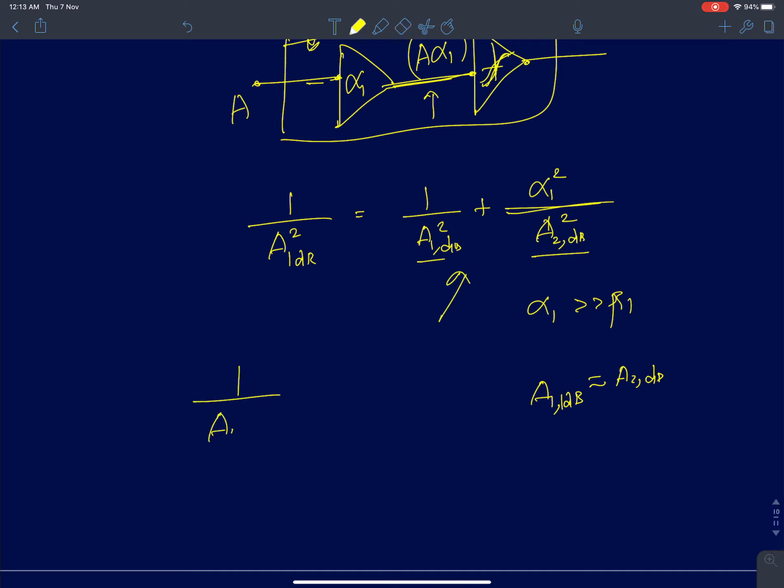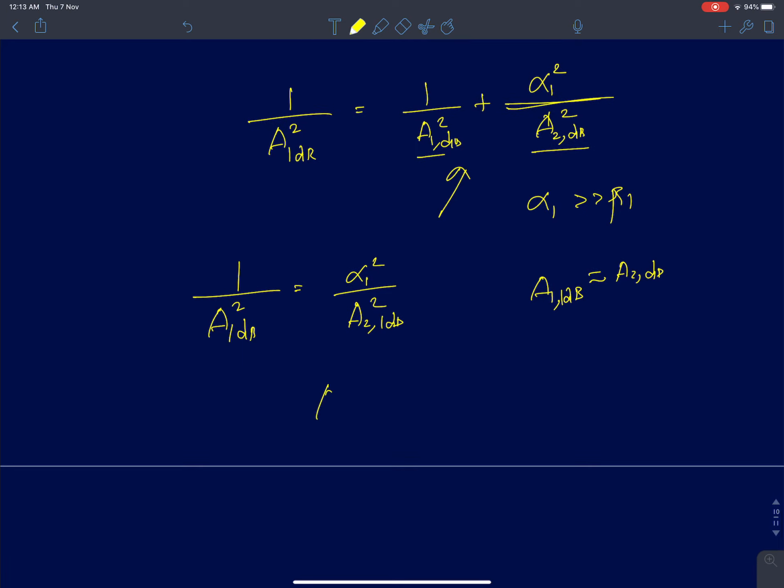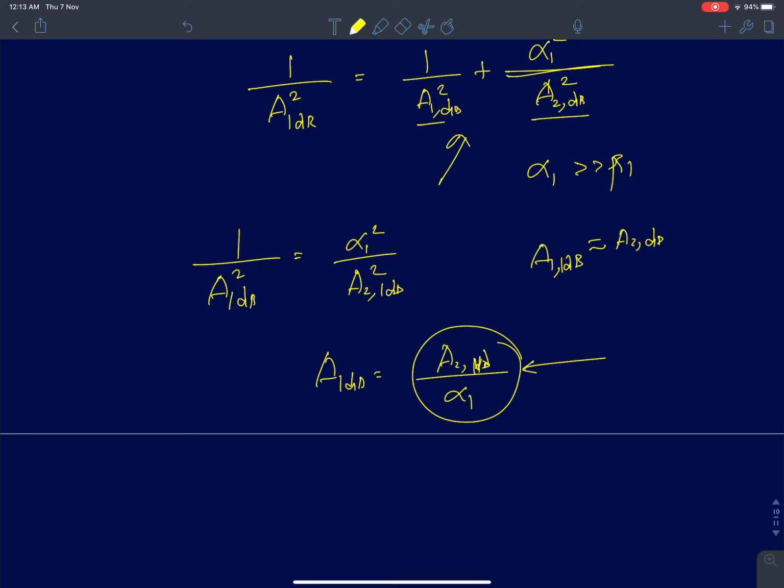So then your overall 1 dB compression point is going to be alpha 1 square by A2 1 dB square. So the A 1 dB of your overall amplifier is going to be A2 1 dB square, A2 1 dB by alpha 1. It gets divided, it becomes smaller. Okay, of course it has to be smaller. I'm sorry, I think I made that statement which was not correct.